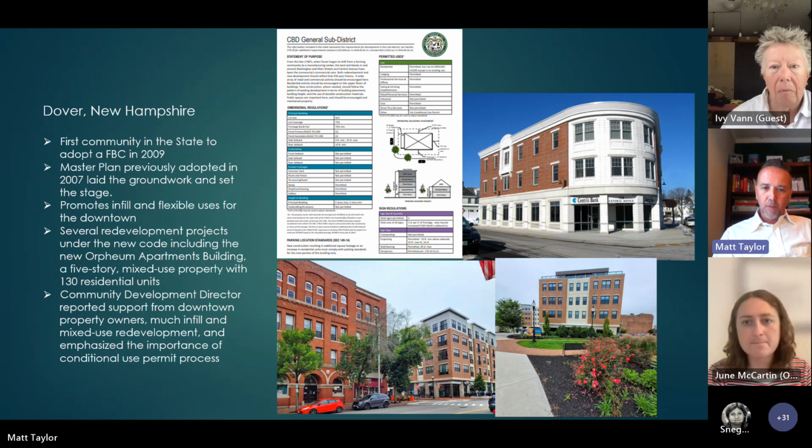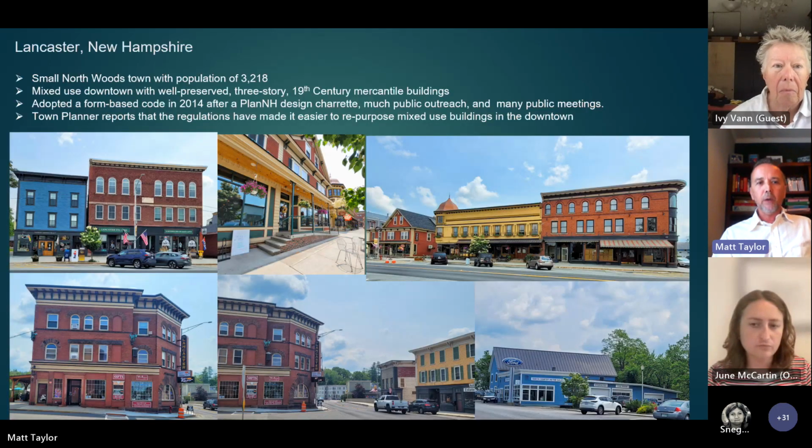So moving a little further north, another example in New Hampshire is the town of Lancaster, which is a much smaller town, a little over 3,000 people. But it has a remarkably well-preserved downtown with mixed-use mercantile buildings from the 19th century.